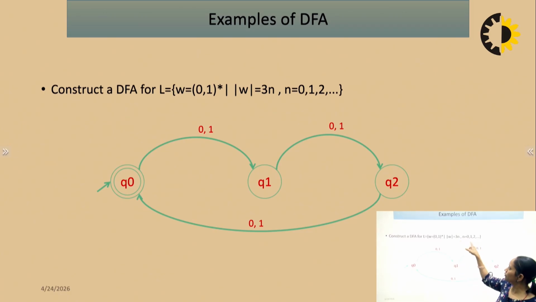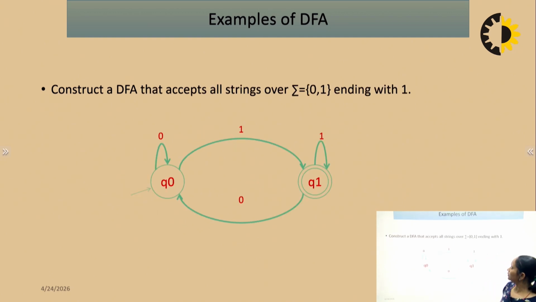If n is equal to 2, then 3 into 2 means the length of the string is 6. So the accepting lengths will be 0, 3, 6 and so on. We are talking about the length of the string. If the question were about ending with 1 or starting with 1, we would take the particular input 1 or 0.